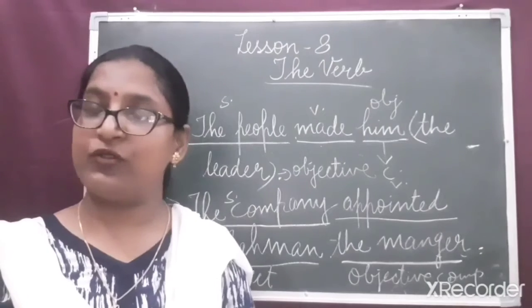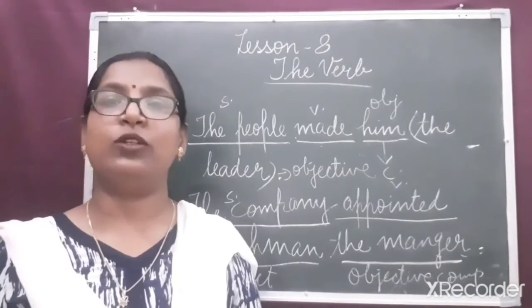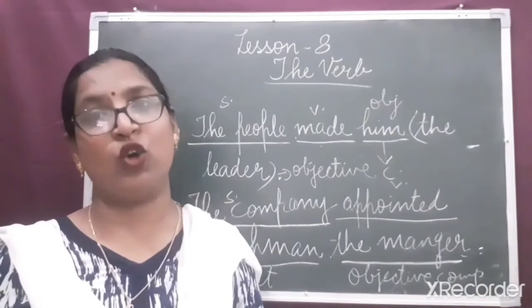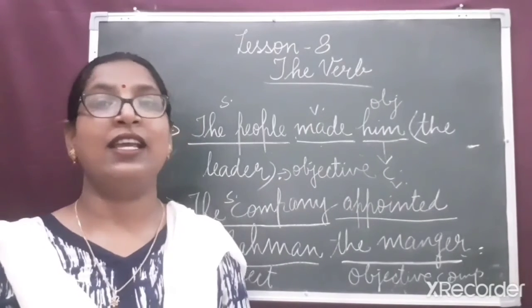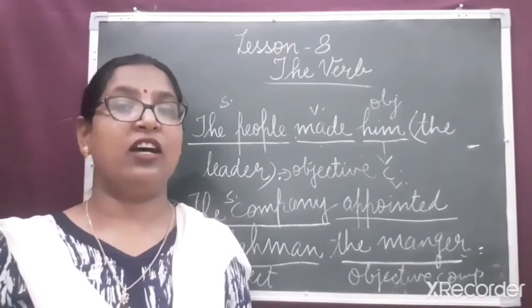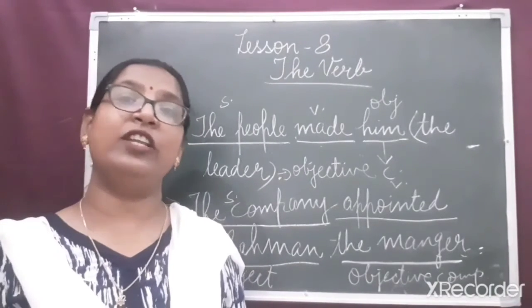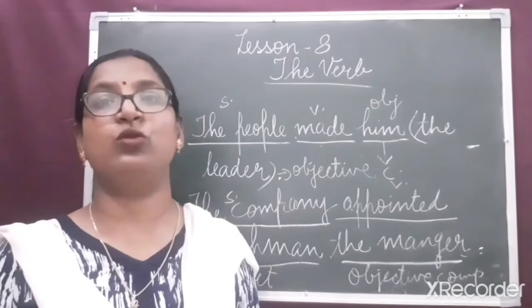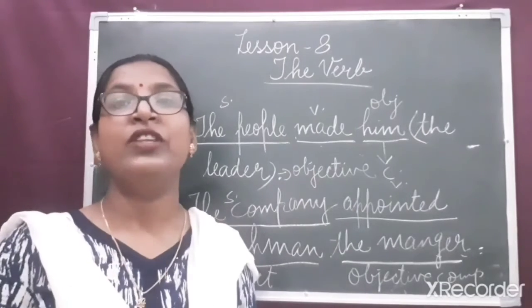The types of verbs we studied: transitive verb and intransitive verb. Transitive verbs are the verbs which have an object. Objects complete the meaning of the sentence. And the process we studied: first of all we should find out the subject, then we should know what the verb is, then we should find out the answer to what or whom soon after the verb, and then we should compare our answers with the subject.